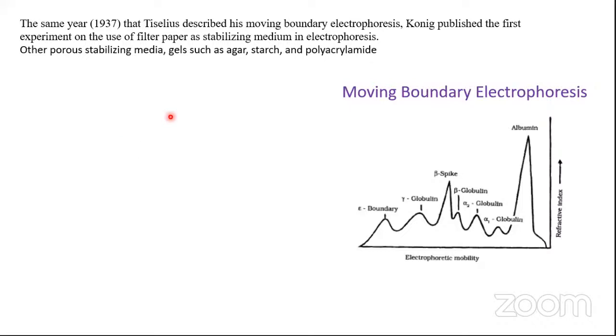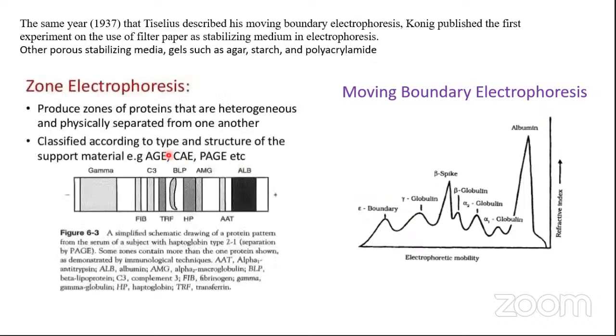If you directly compare moving boundary electrophoretic separation, as depicted over here, you are actually plotting refractive index against electrophoretic mobility. These are serum proteins being separated using the moving boundary electrophoresis apparatus, the same Tiselius U-tube apparatus. And if you compare it with zone electrophoresis, how different it could be.